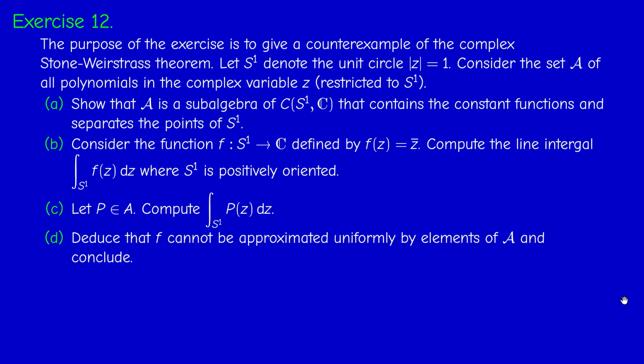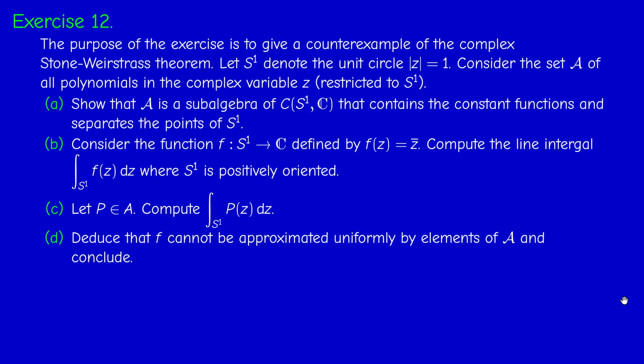Now we move to the last two exercises, which are about the complex form of the Stone-Weierstrass theorem, because we said in the lectures that it's important to consider functions from a compact metric space into R. But what happens if we consider continuous functions from x to C, the complex plane?